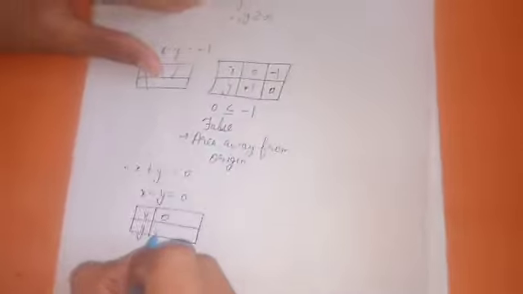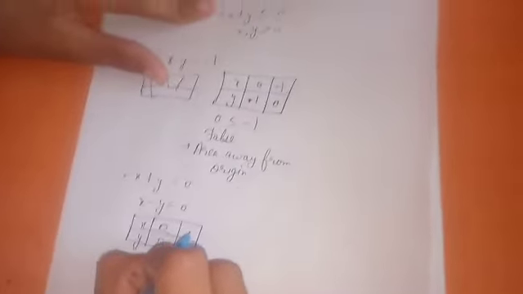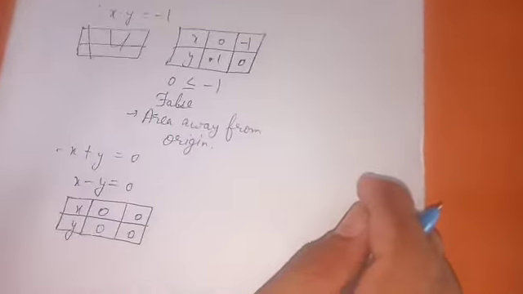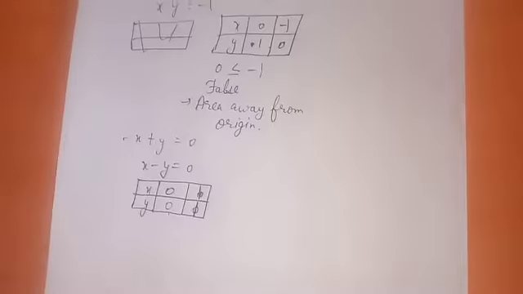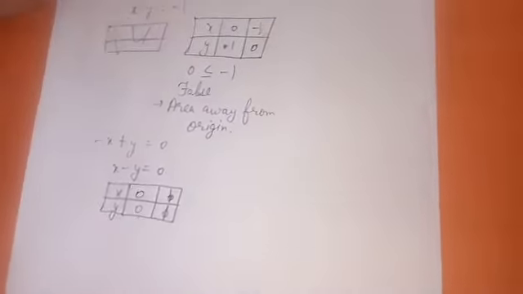Now if x is 0, y will be 0, and if I take x as 1, I will get y is 1. Okay, now using these two values, I can draw the graph.